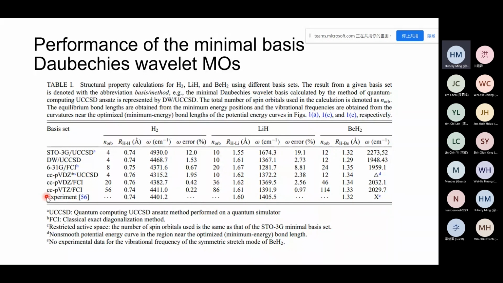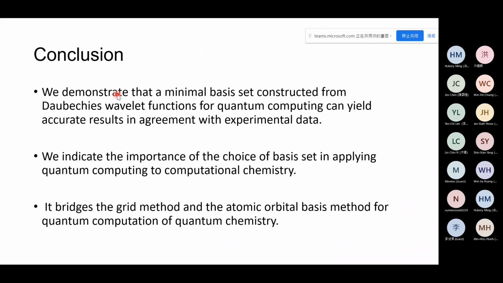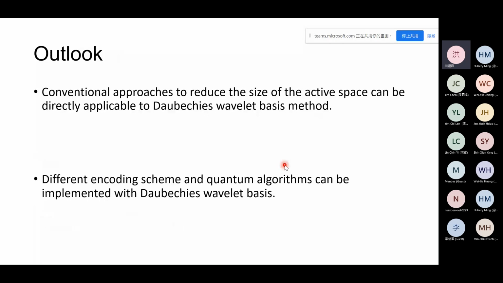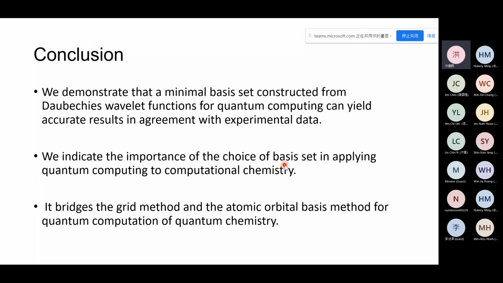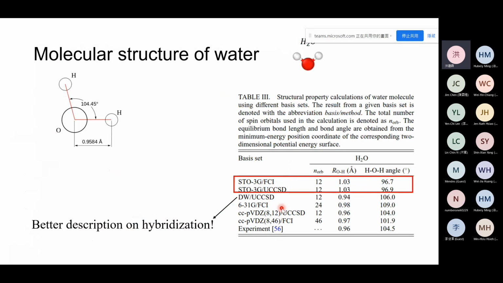So what future direction do you think may be doable in this field? Since we indicate the importance of choosing the basis set, some papers and research directions focus on how to choose a suitable active space selection. As I mentioned here, we compare also the truncated one, cc-pVDZ, but we truncate the total number of spin orbitals from 46 to 12.